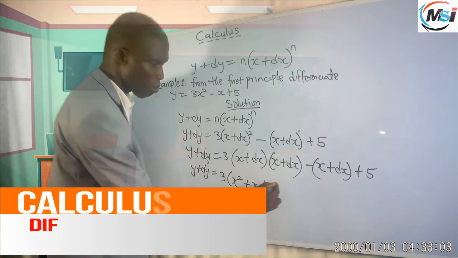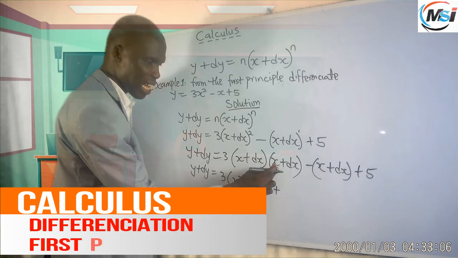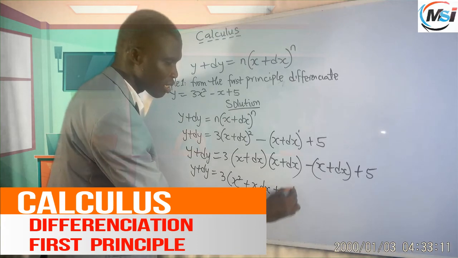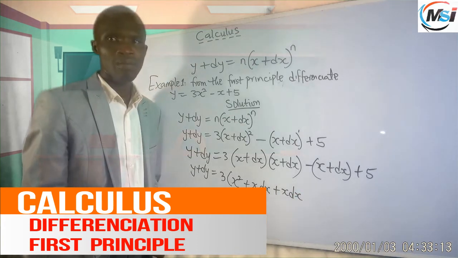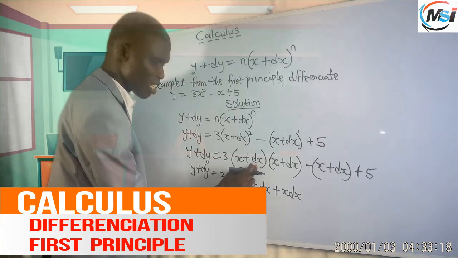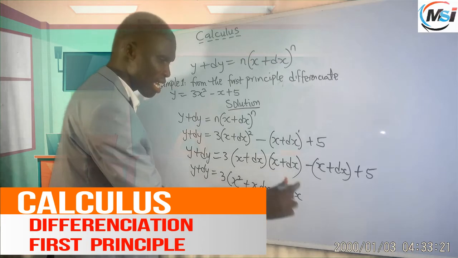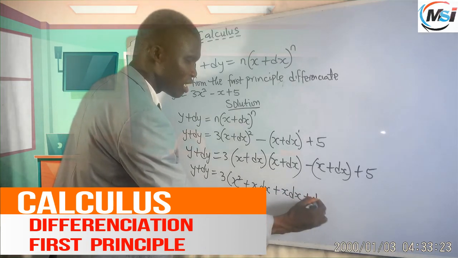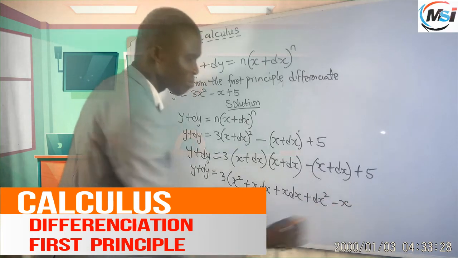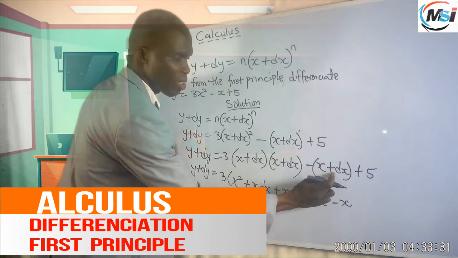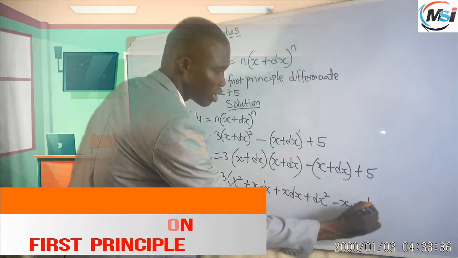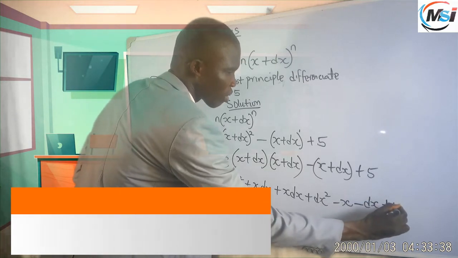Okay, plus x times dx, we are going to have x dx. Are you following? Okay. Then this dx multiply dx, we have plus dx squared, then minus x, minus times plus will give us minus dx, plus 5.